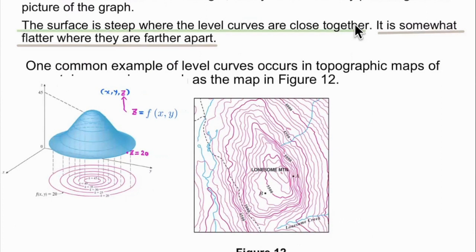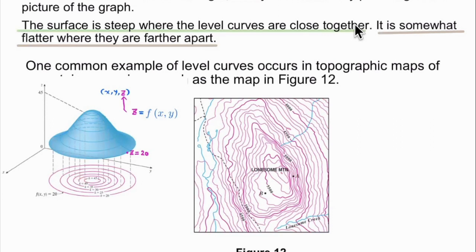For example, from here to here, you see the surface is actually steeper. And from here to here, the surface is somewhat flatter. It's not as steep as this part right here. So when the level curves are further apart, they are not as steep as those places where the level curves are closer together.